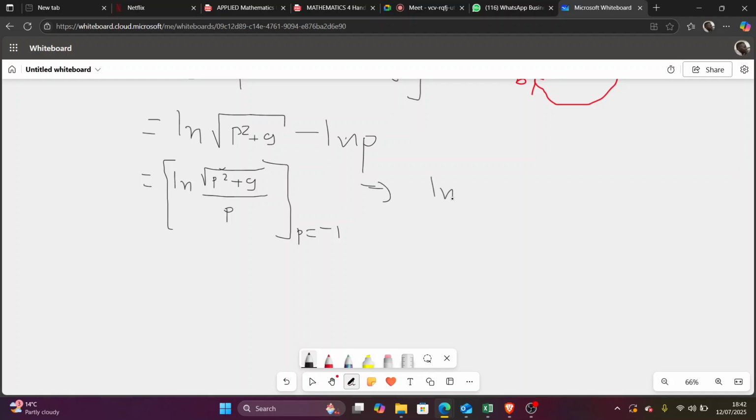We're going to have ln of root minus 1 square plus 9 over minus 1. So if we write this with beauty, the minus will come here. I can say the answer here is minus ln of root 10. I do believe that's what they got.